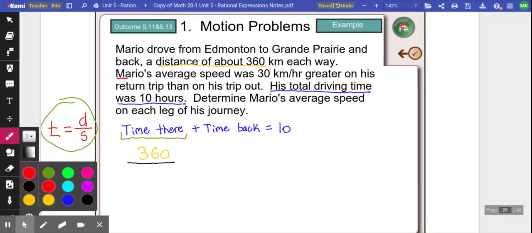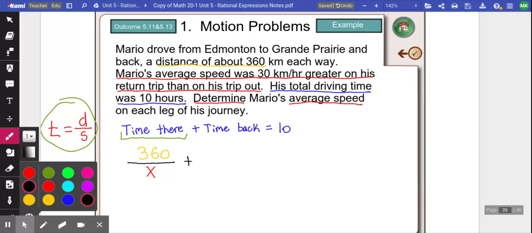They told me Mario's average speed was 30 kilometers greater on his return trip than on his trip out. But they never said what my speed was. In fact, they asked me to find speed. It says determine Mario's average speed. Determine his average speed. So that means speed is what I'm looking for. So when I'm trying to create my formula of d divided by s, distance divided by speed, x is my speed because I don't know it. So my time there is equal to my distance there divided by my speed there.